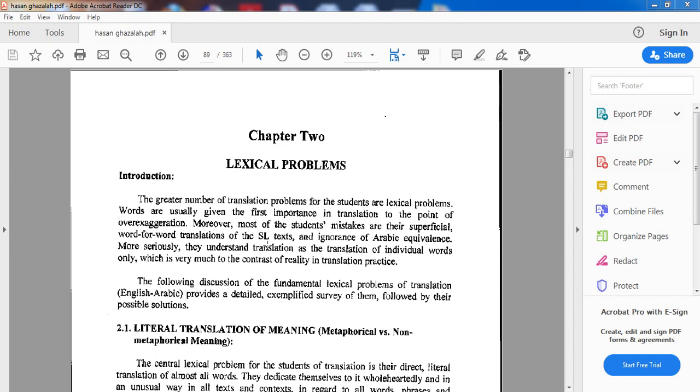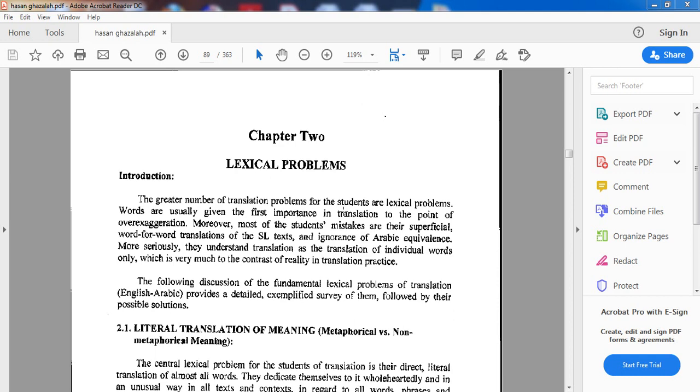And actually he says that the main problem with those lexical relations is that students simply try to identify the meanings as they are, individual meanings within sentences, without connecting those meanings with the other meanings within the sentence or the text as a whole.